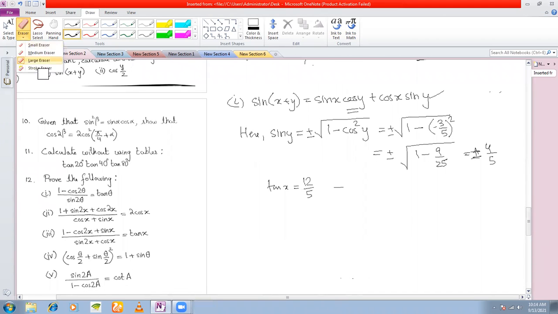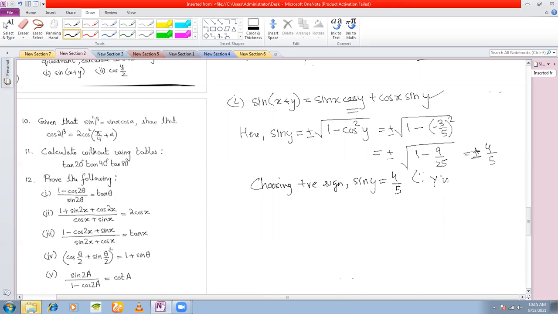Okay, so here before going to tan, I have got sin y is equal to plus or minus. So choosing what sign? In the second quadrant, sine is positive, right? So choosing positive sign, sin y is equal to plus 4 by 5.